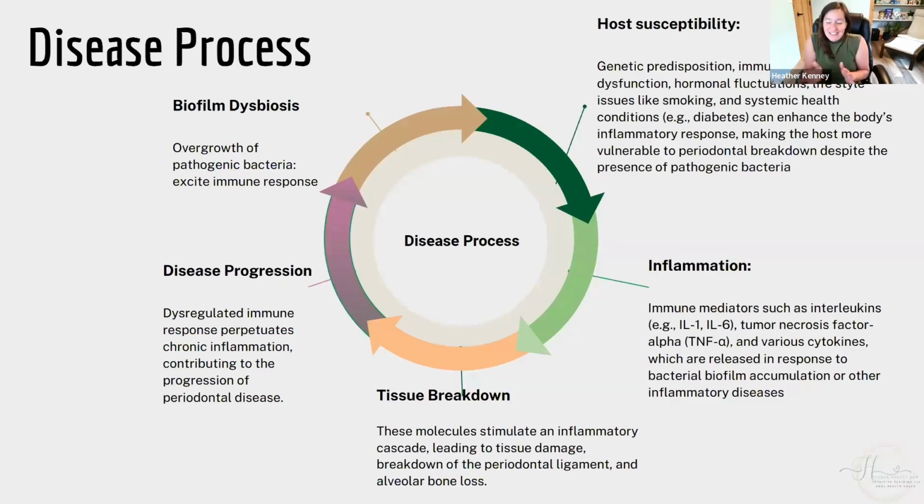All right, so let's dive into the topic today. Disease processes: let's go over the cycle and what components the disease process has. Biofilm dysbiosis is generally what we're looking for when we're doing salivary testing. We know that overgrowth of pathogenic bacteria can excite immune system responses, but we also have to have a susceptible host.